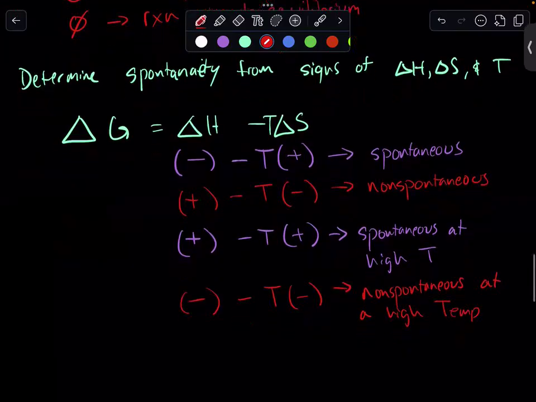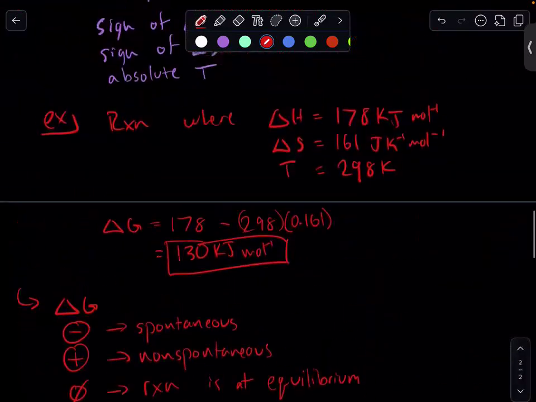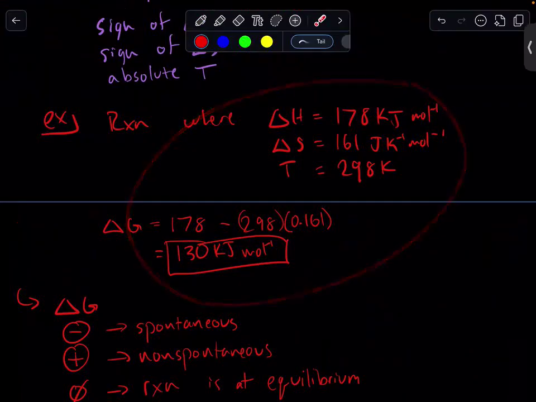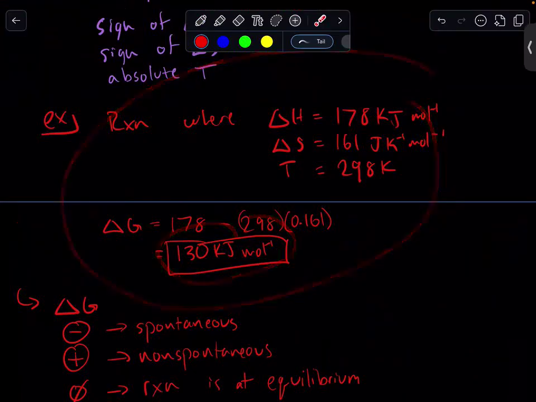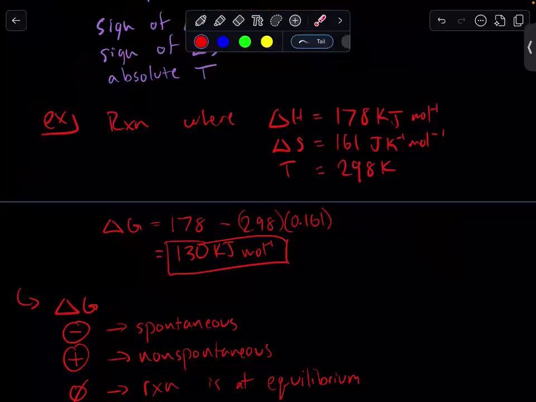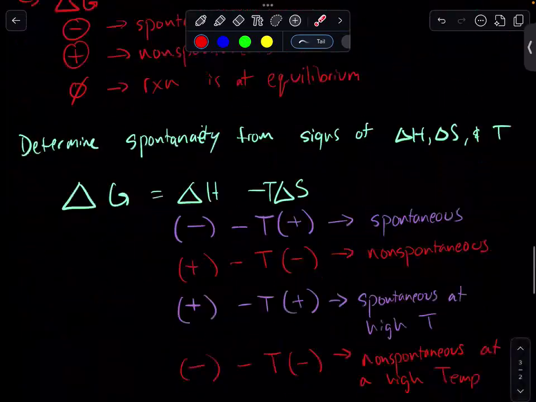The last thing we can do here before I end this video is we can look at our original reaction right here. In our original reaction, we found that this reaction is non-spontaneous. However, we could find a temperature where it becomes spontaneous. So when delta G goes from its positive 130 to 0, we could find out where that reaction is spontaneous.